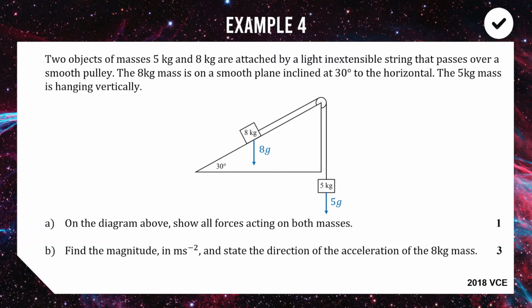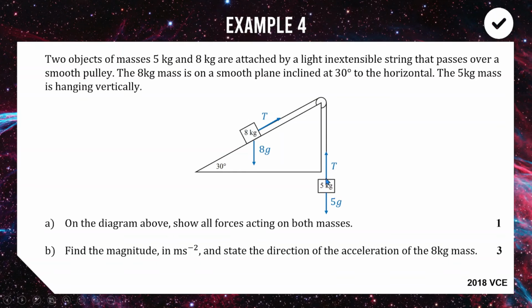Okay, first question is asking us to draw on the diagram all the forces acting on both masses. So I already drew the weight force on both boxes heading down towards the Earth. So we've got mass times acceleration due to gravity as our force going down on each. Now because these two objects are connected by a string, there's a force acting on that string keeping them together, and that's called tension.